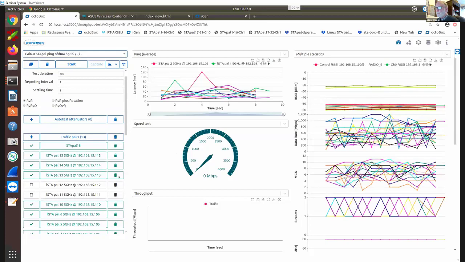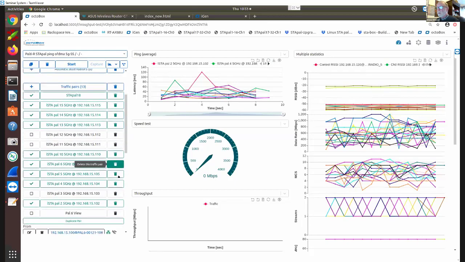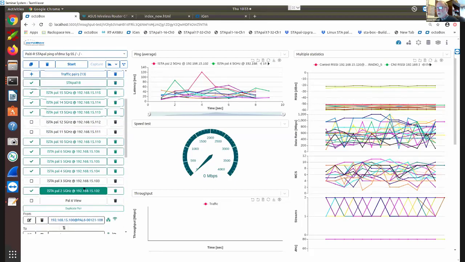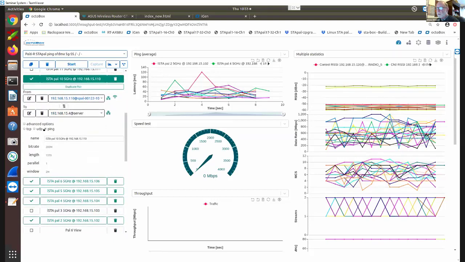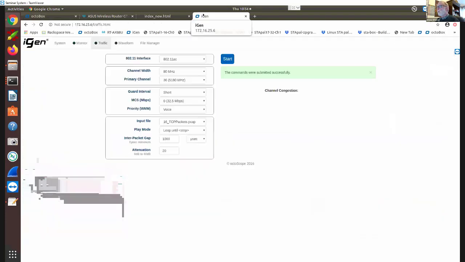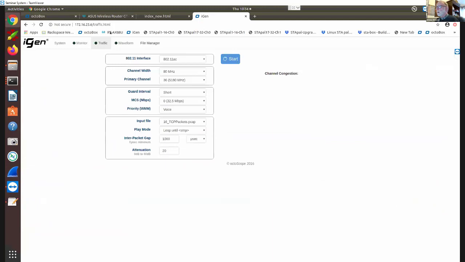Okay. So here you'll see under the traffic pairs, I've got a bunch of stay pals. They're all connected to the access point. If I open these up, you'll see that they're all doing ping traffic, and we are going to get started here.